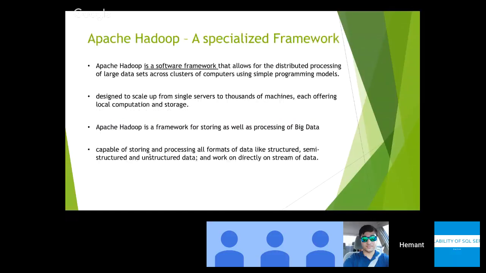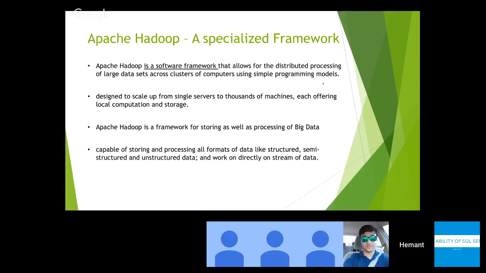So Hadoop, the main thing is that Hadoop is a software framework. It is not a hardware framework, so there's no hardware configuration involved. It's all managed by software that allows for distributed processing of large data sets across a cluster of computers using only programming models.